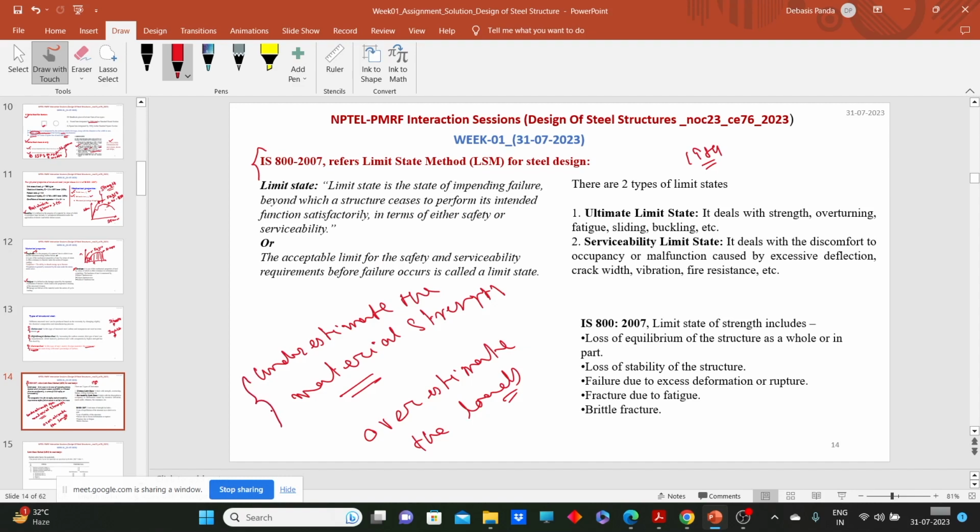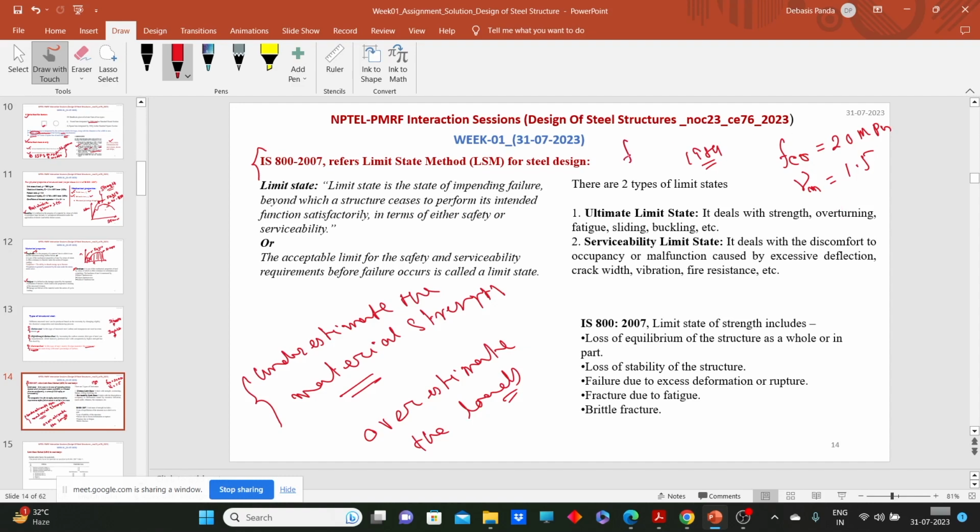We just underestimated the value of strength. For example, if some material has a characteristic strength of 20 MPa, and my factor of safety for the material with respect to the limit state method is, say, 1.5, what will be my design strength for this material?